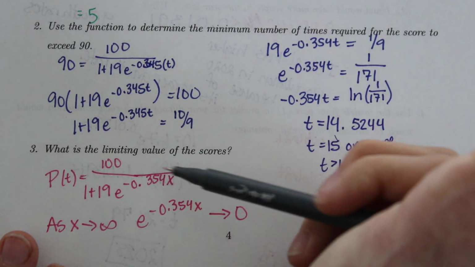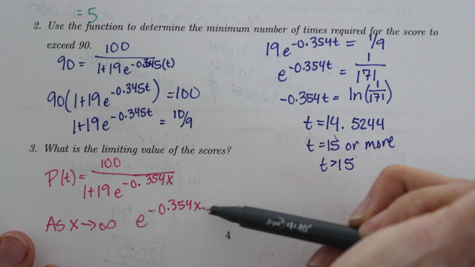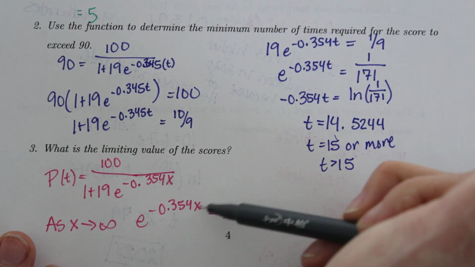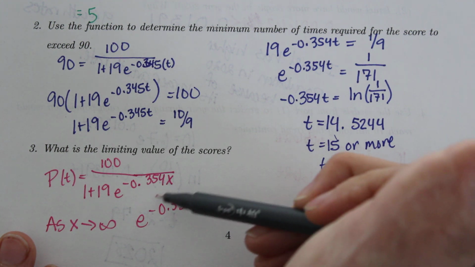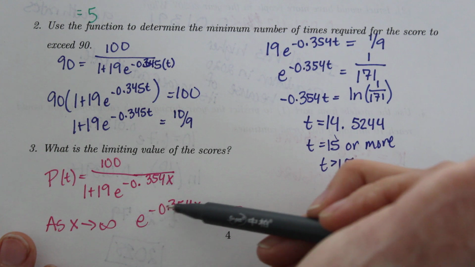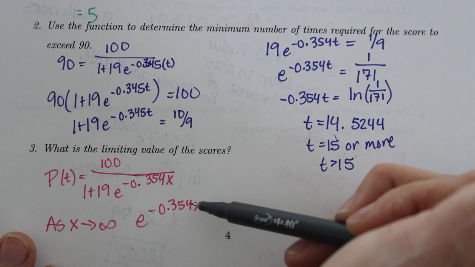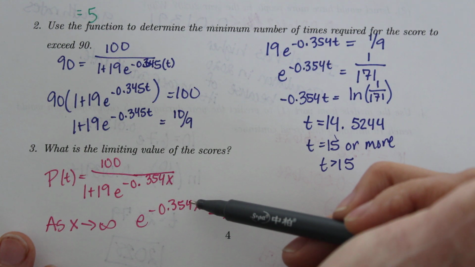Why is this? Well, as x gets larger and larger, this exponent is going to get bigger in magnitude. Shoot, I just lost my train of thought.